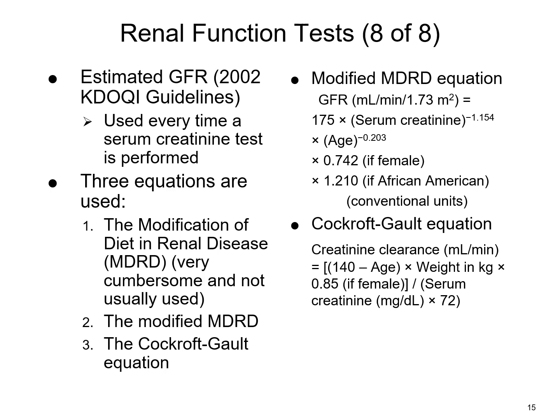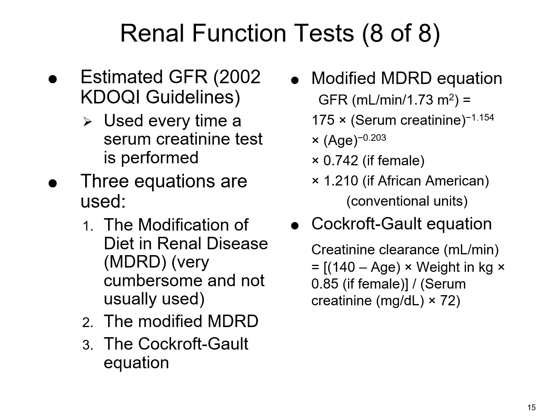And so there are three equations that can be used. The MDRD, or the Modification of Diet in Renal Disease, is an option, but it is a very tedious equation to plug all of that stuff into, so it's not used a lot.